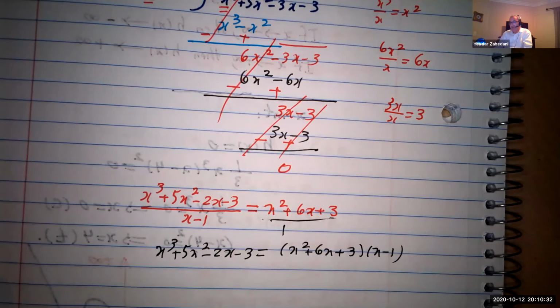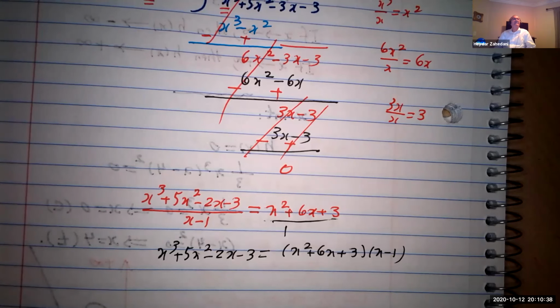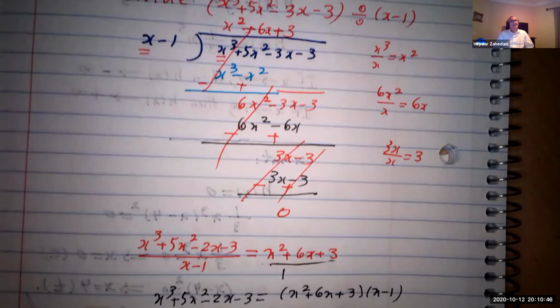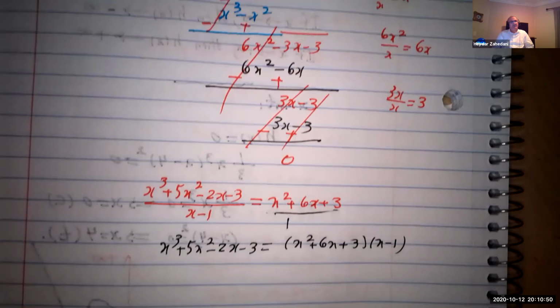If it's divisible, we can factor it, and x minus 1 would be one of our factors. And that's the purpose of this section, to find these factors. So we divide. If it's divisible by x minus 1, we say x minus 1 is a factor.